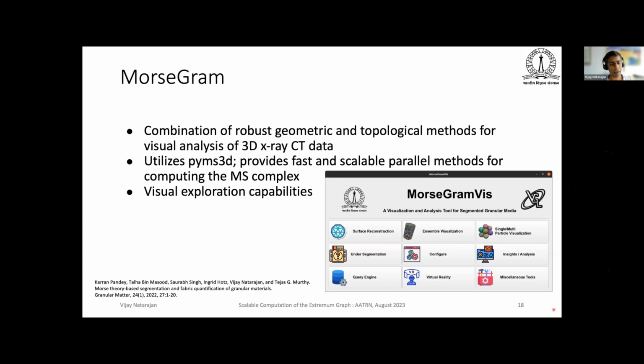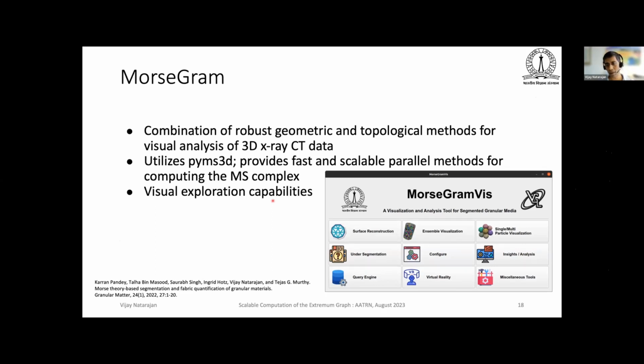So this was developed earlier in our group, and an implementation of this algorithm called PyMS3D was used as the core for this Morse theoretic-based pipeline. We extended the computation to support various visual exploration capabilities for extracting surface representations of these particles, for studying individual particles, their neighbors, for performing different statistics, for essentially quantifying the fabric.